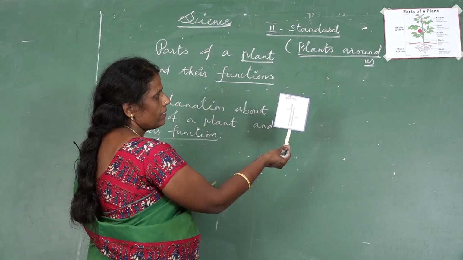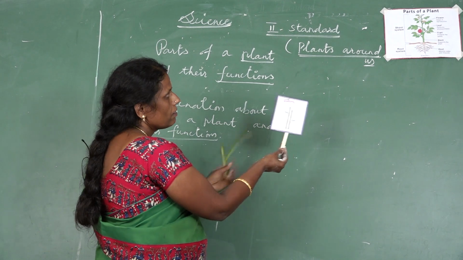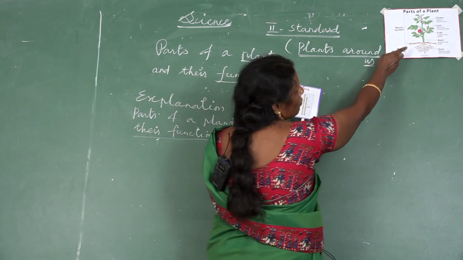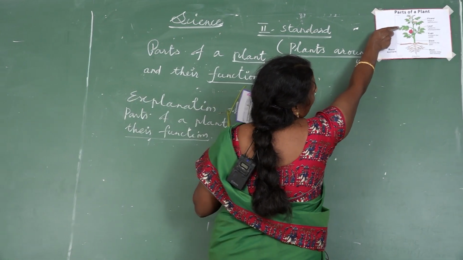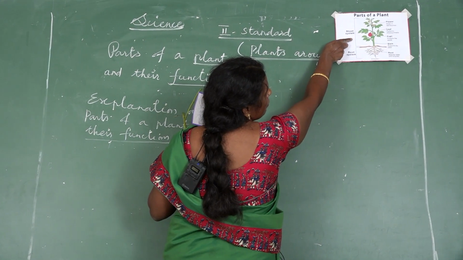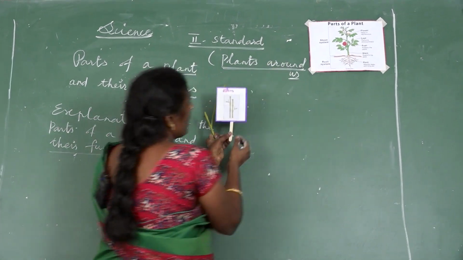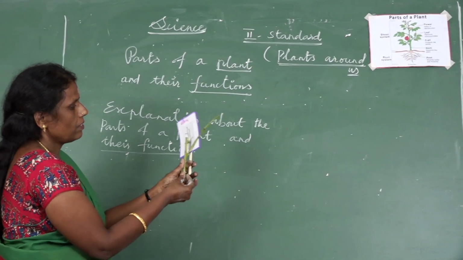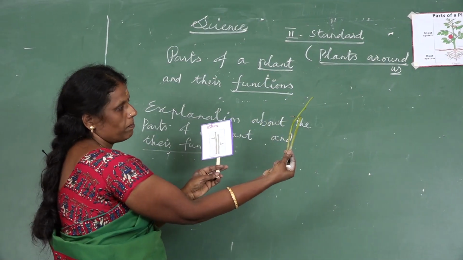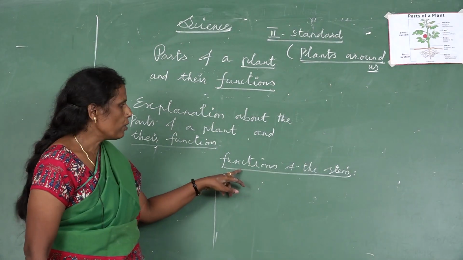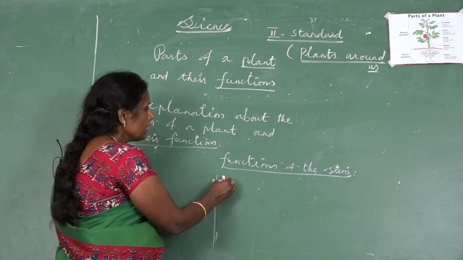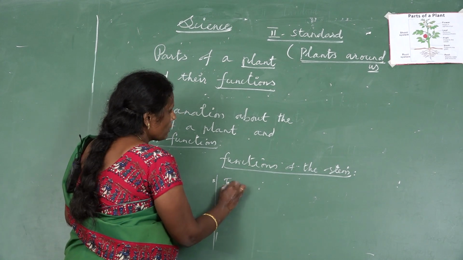The second part is the stem. The part which grows above the ground is called shoot system. It grows towards the sunlight. See, it is the stem. We will see about the functions of the stem. It supports the whole plant.